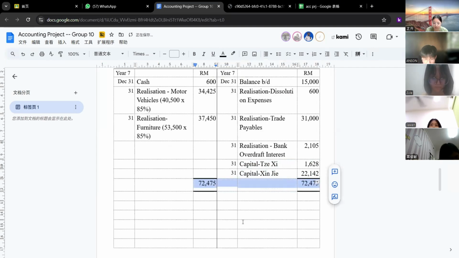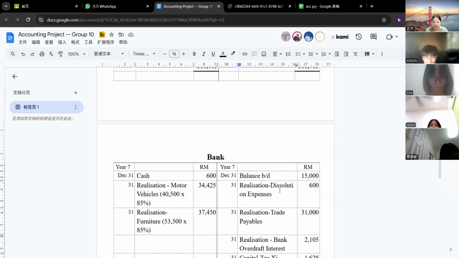Okay, so this is our bank account and we can see that it's already balanced and the total balance amount is 72,475 on both sides.